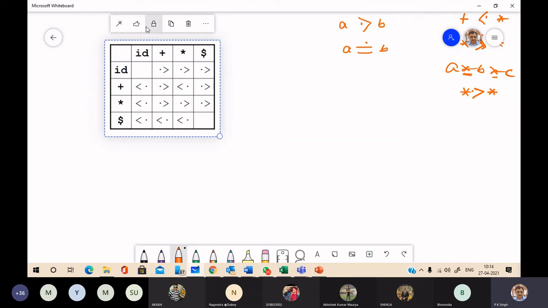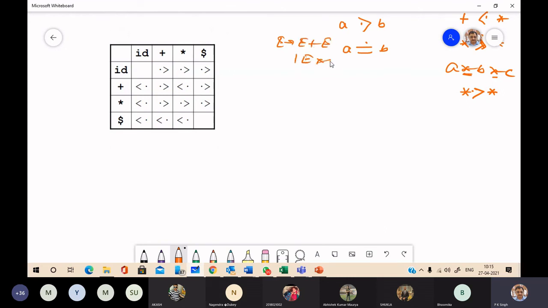We have considered the grammar E goes to E plus E, E into E, and ID. This dollar is the end of string marker. Now see, the symbols we have are plus, asterisk, ID and dollar.